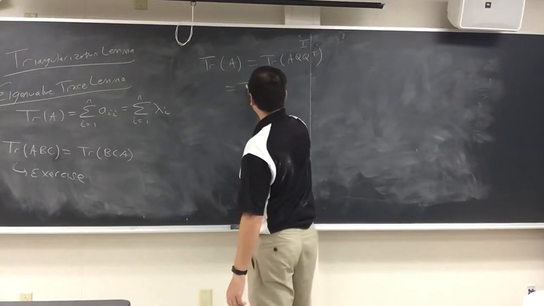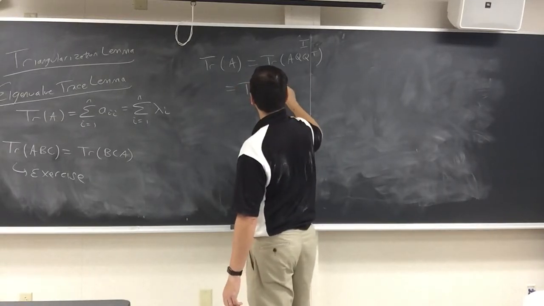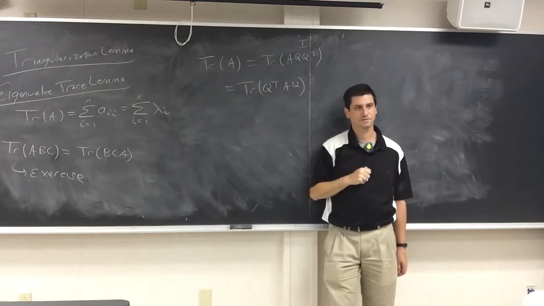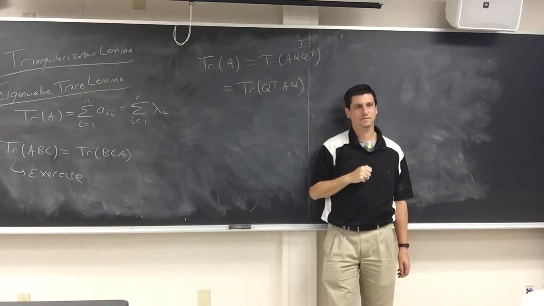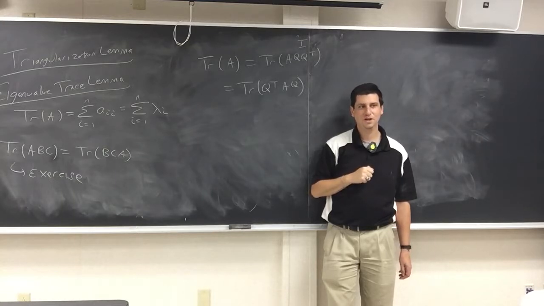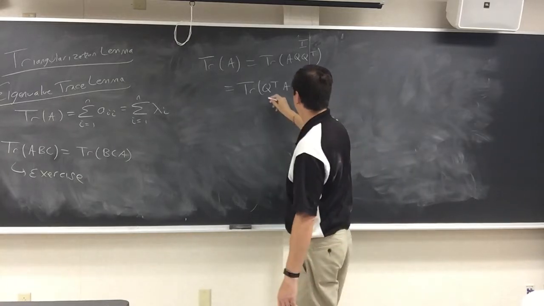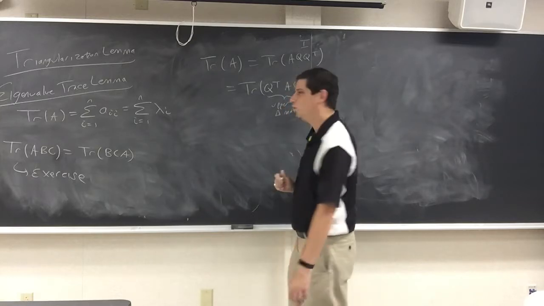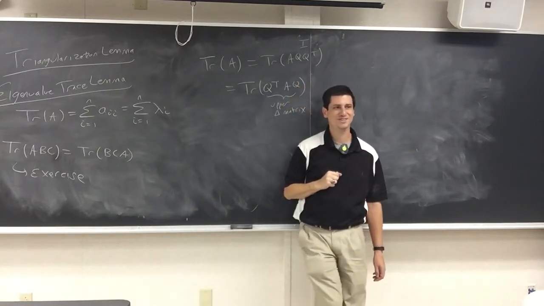But this is the same as the trace of Q transpose A Q, because the trace is cyclic. Okay? We all together? But now Q transpose A Q is an upper triangular matrix. What is the trace of an upper triangular matrix?